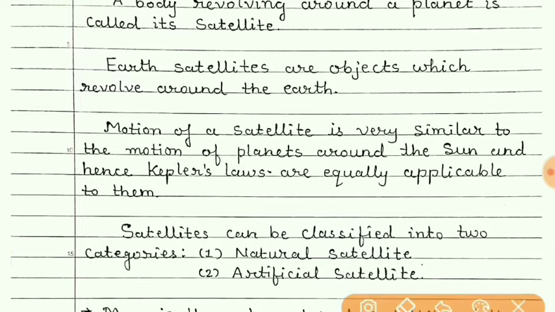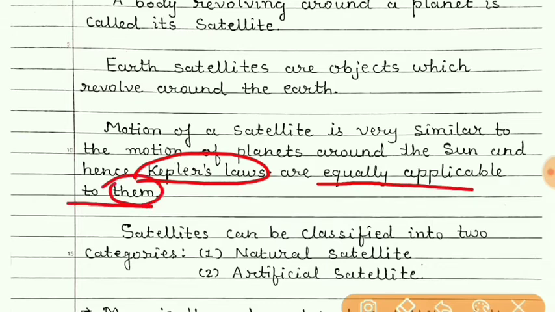And so Kepler's laws are equally applicable to them, to satellites also. We know that Kepler has given the laws for planetary motion, but those laws are applicable to satellites revolving around a planet as well.